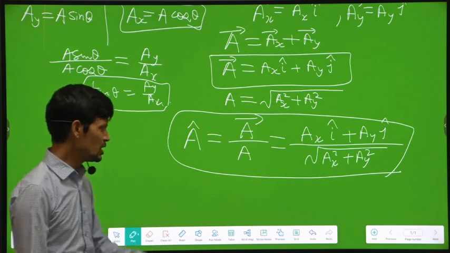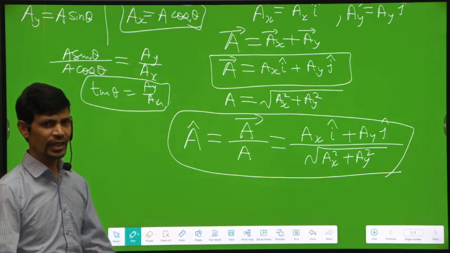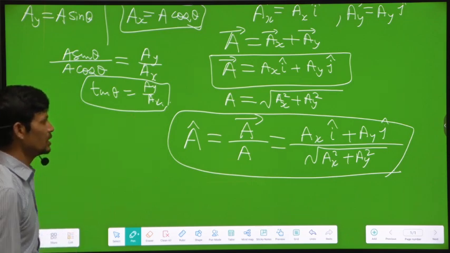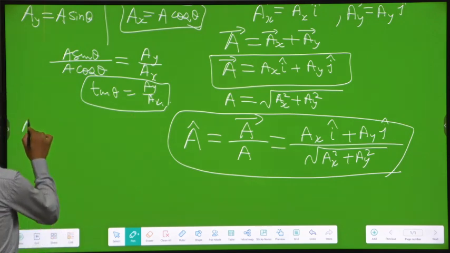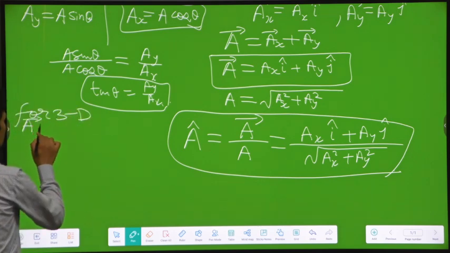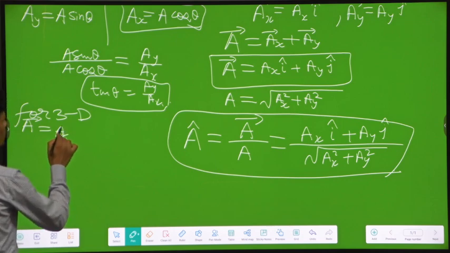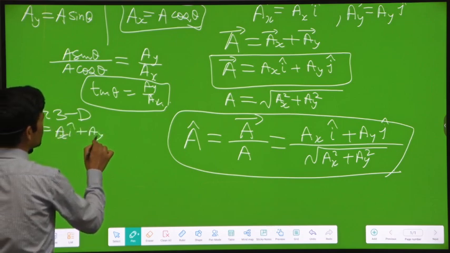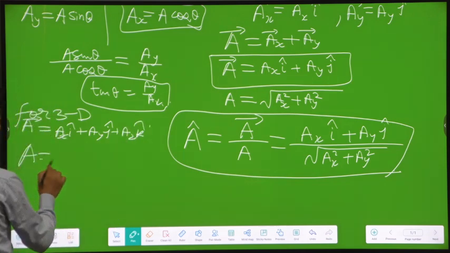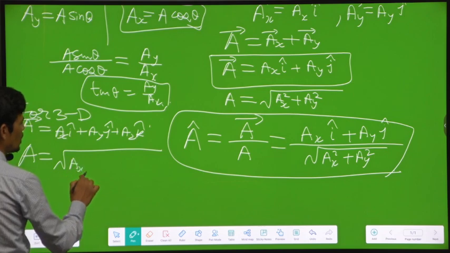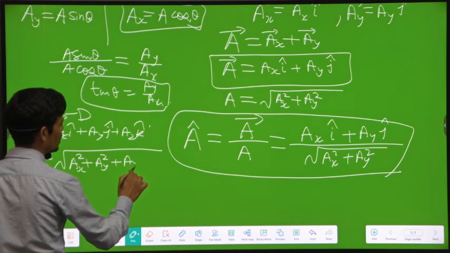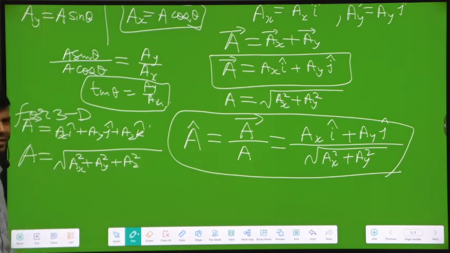And I can derive it for 3 dimensions also, but why don't I use the symmetry, because in physics there is a symmetry. So for 3D, vector a is equal to ax i cap plus ay j cap plus az k cap, and its magnitude will be, okay, in some video I will derive this separately because it is too time consuming, yet not that difficult.